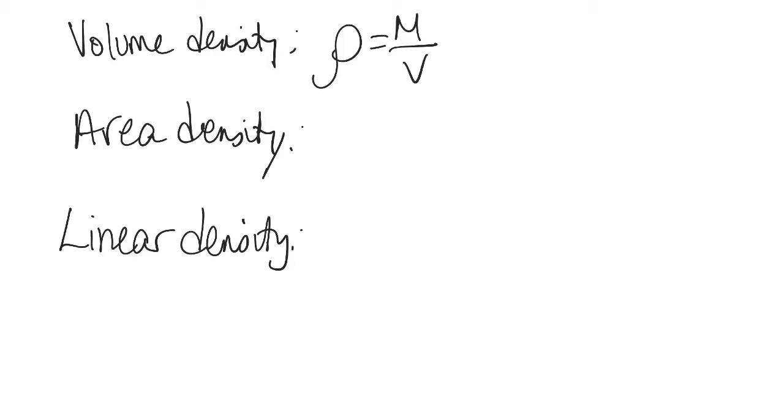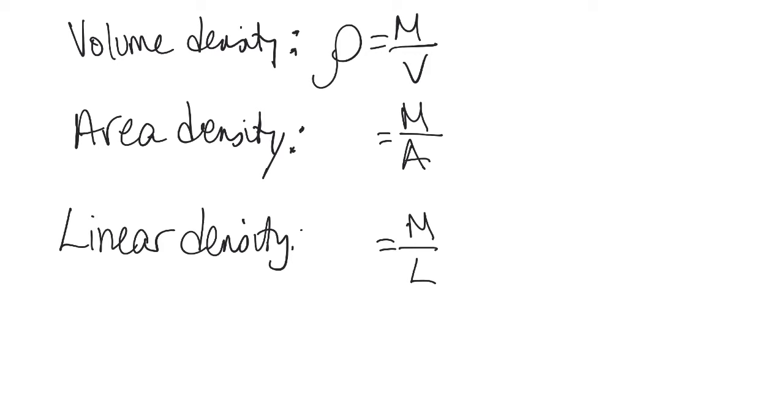What we're doing right now is a useful strategy that we're going to use a couple different times this year, so you're going to see this a lot. So, if rho is m over v, that's volume density. Area density is going to be m over a, and linear density is going to be m over l.